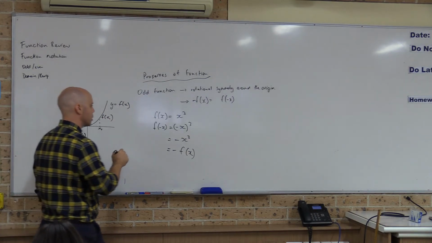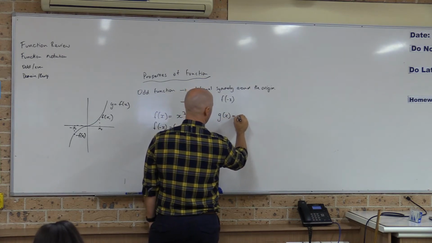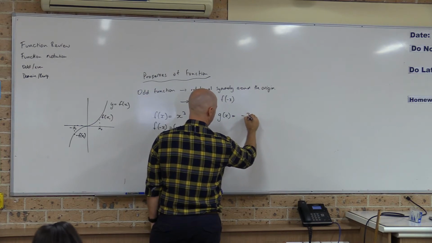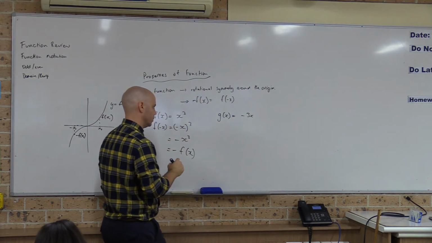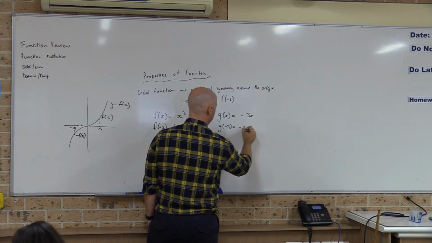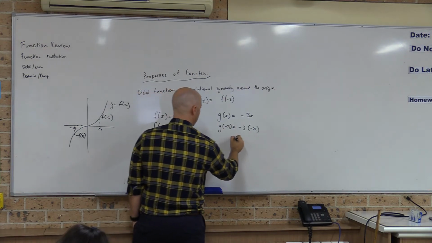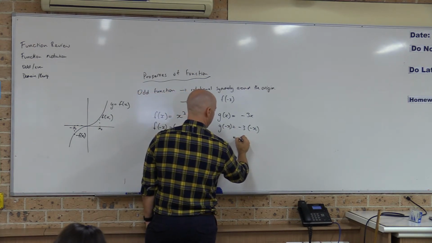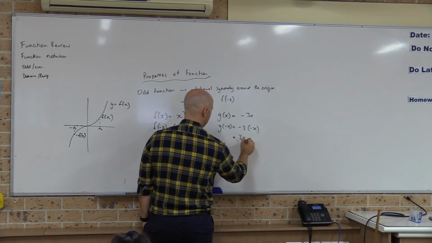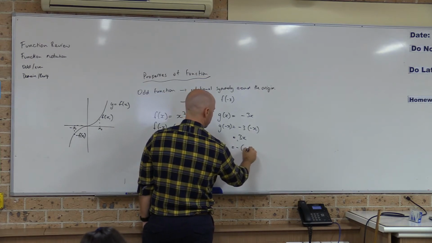Yeah. And so, we can try another one here. G of x equals negative 3x. G of negative x equals negative 3 times negative x, which equals positive 3x, which is negative of g of x.